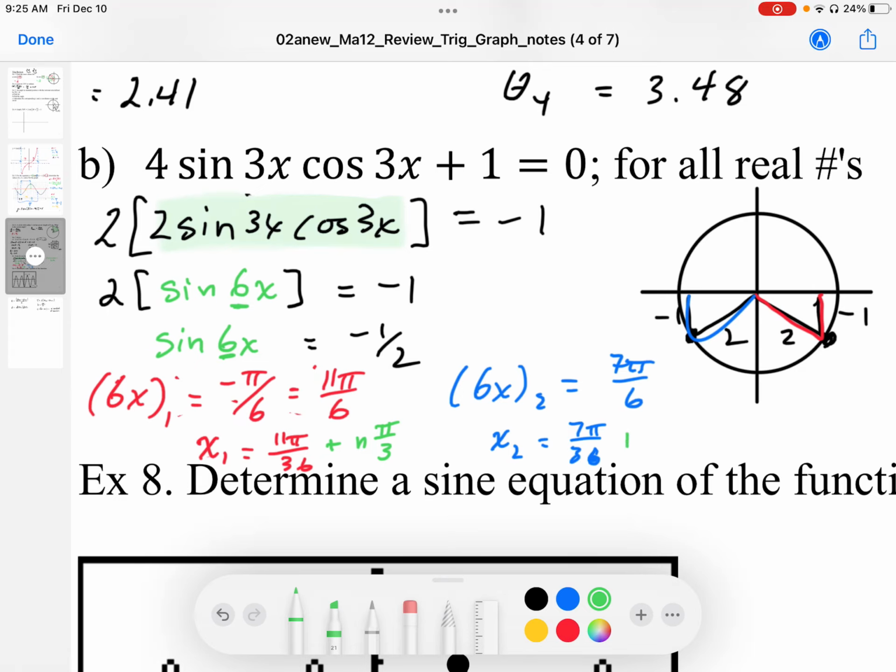So same thing over here. The period is going to be pi over 3. So then the solutions are going to repeat themselves every pi over 3. So I need n pi over 3. Okay, just make that a little bit nicer looking. That's 7 pi over 36 plus n pi over 3, and 11 pi over 36 plus n pi over 3.